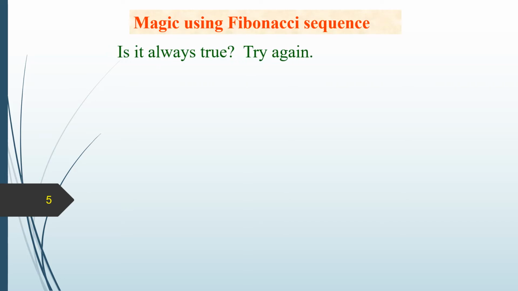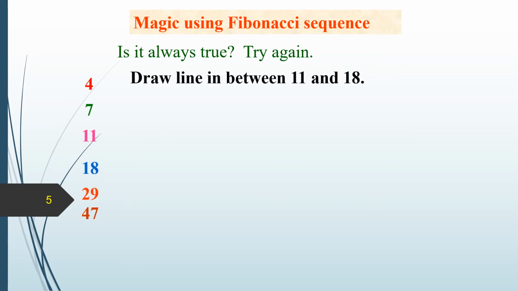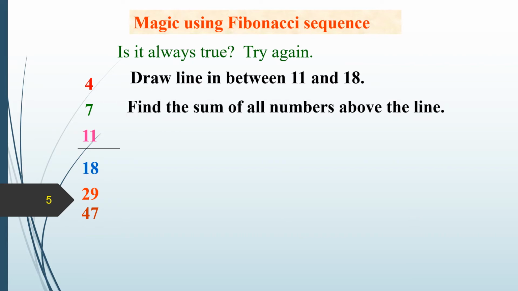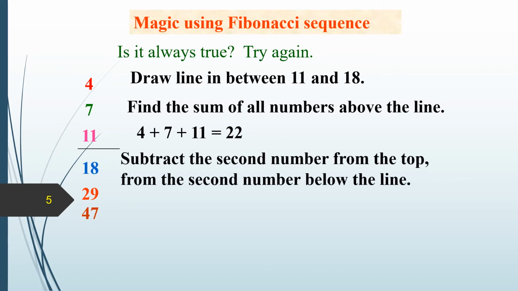Is it always true? Let us try again. We take the same sequence, but now we draw the line in between 11 and 18. Find the sum of all numbers above the line, 22.